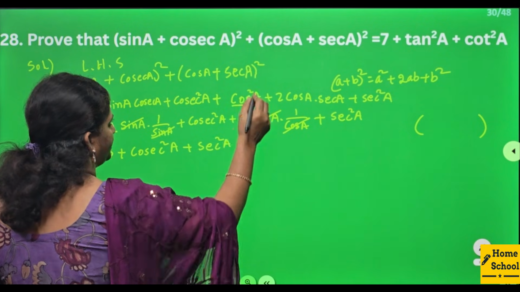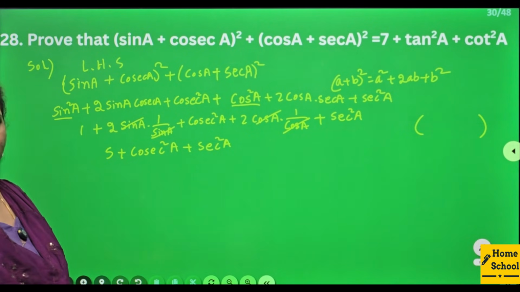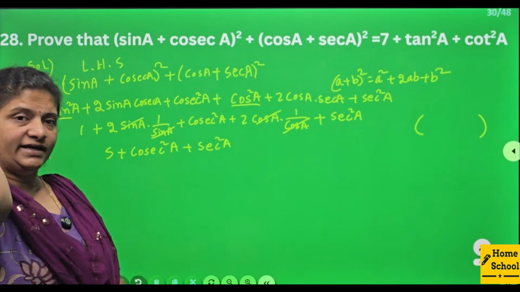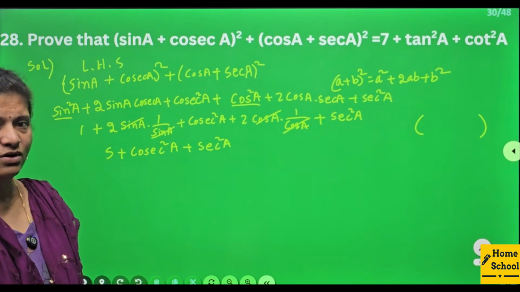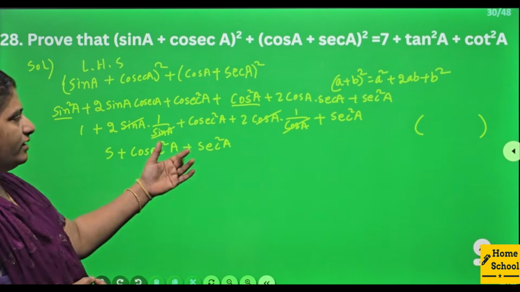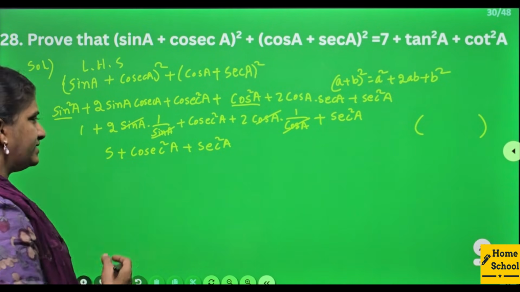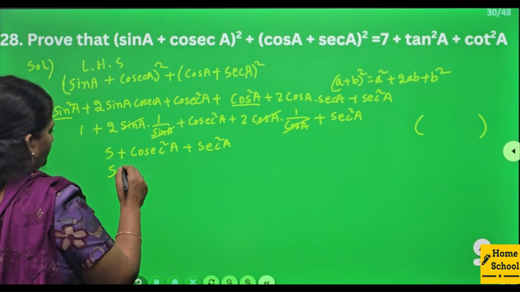Did we get the RHS there? No. Still, we know the identities. Cosec² A can be written as 1 + cot² A. Sec² A can be written as 1 + tan² A. Write that.